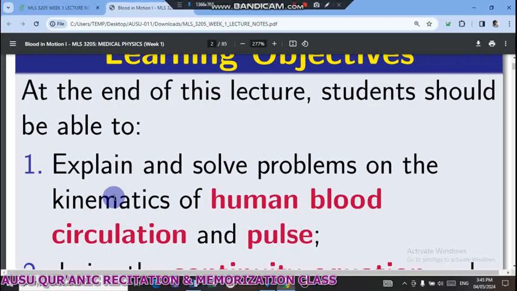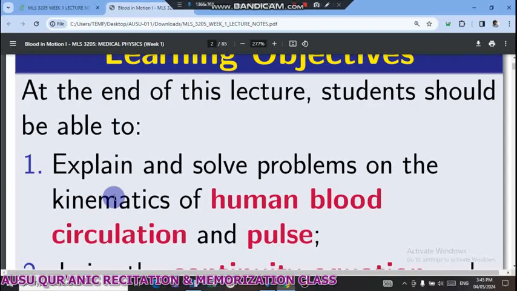But if you have no regard to the forces causing the motion, neither are you considering the masses of the object, you are only interested in the object's displacement, distance, velocity, acceleration, time taken, then this study is called kinematics. This is what we will be doing.